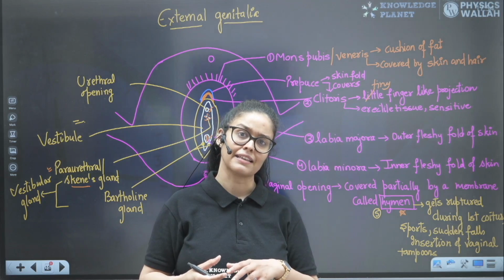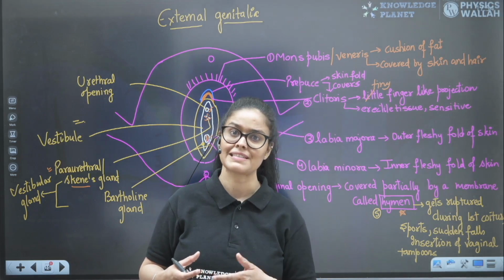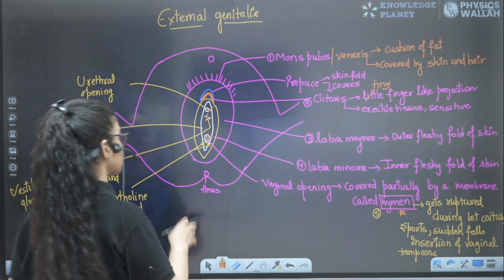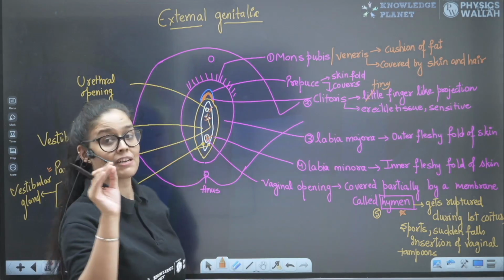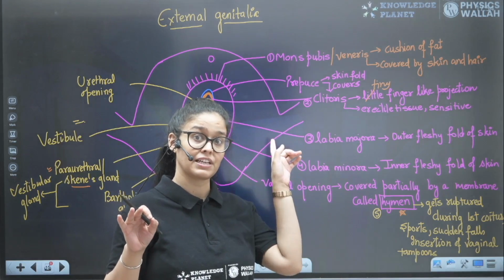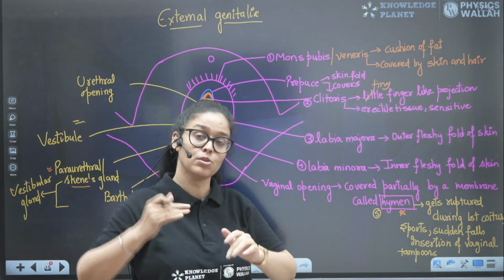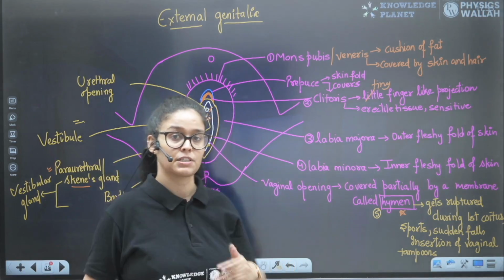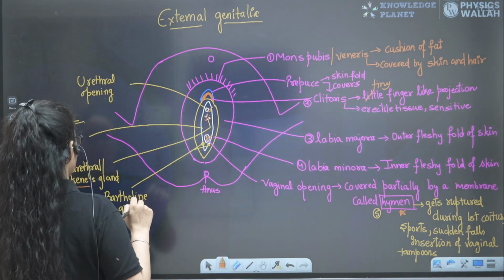So that they can neutralize the acidity of the semen. That is the purpose of these glands present in the external genitalia, but the vagina doesn't have any gland, right? So the vagina is not part of the external genitalia. That is the fibromuscular tube that I have shown you before, right?